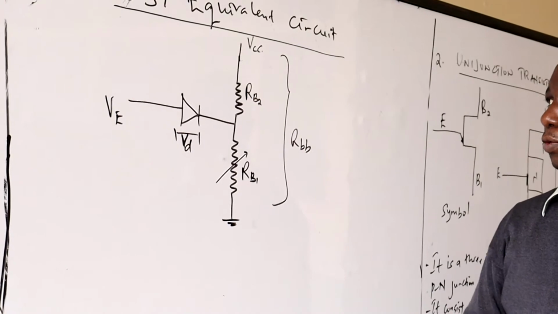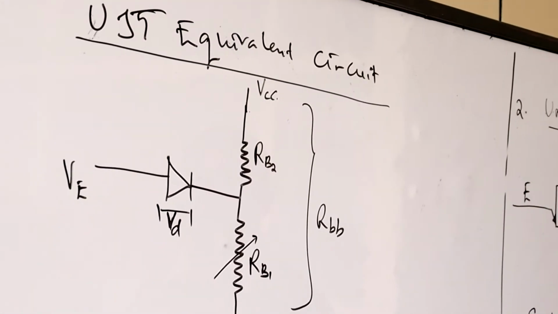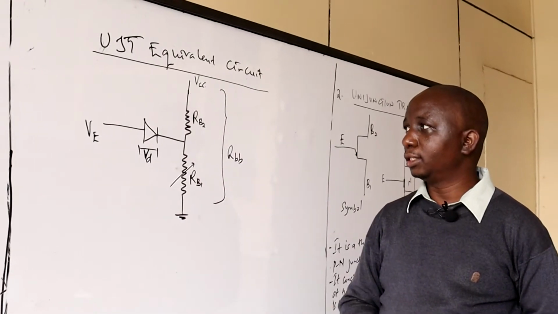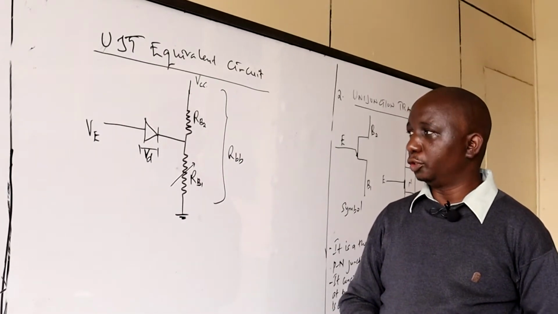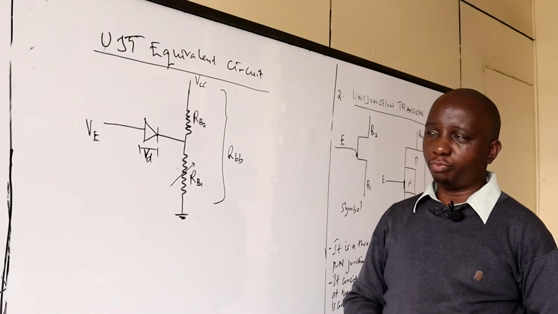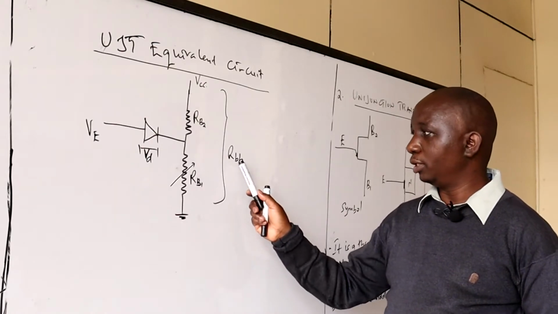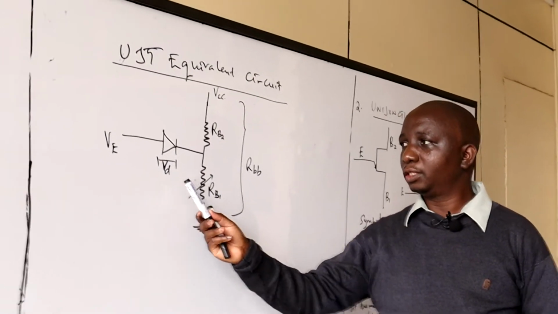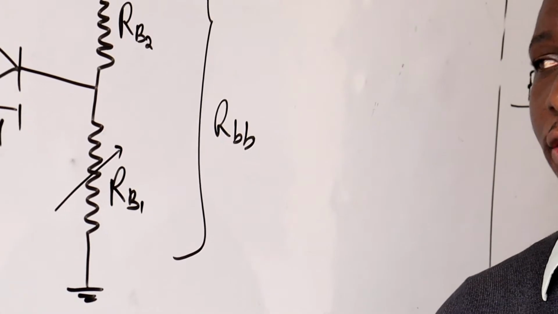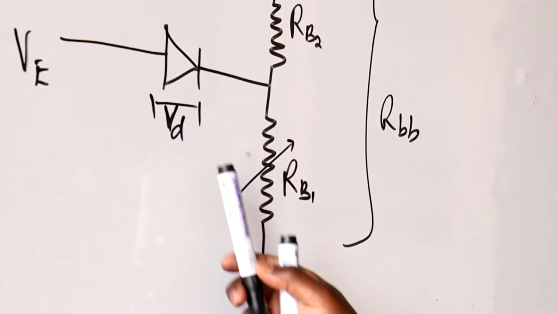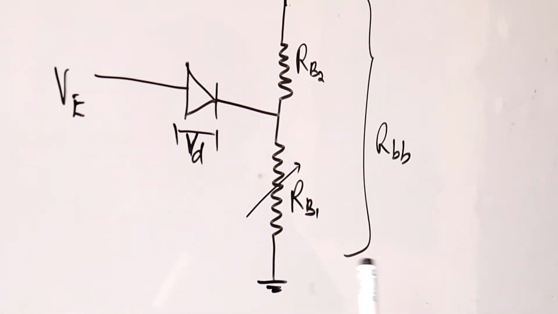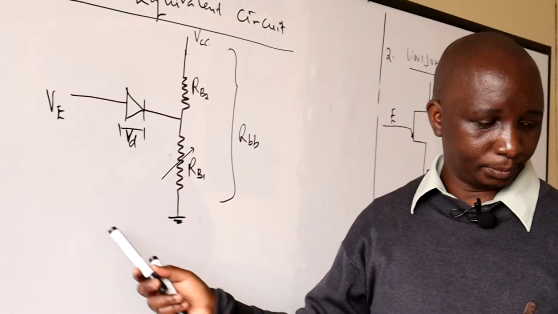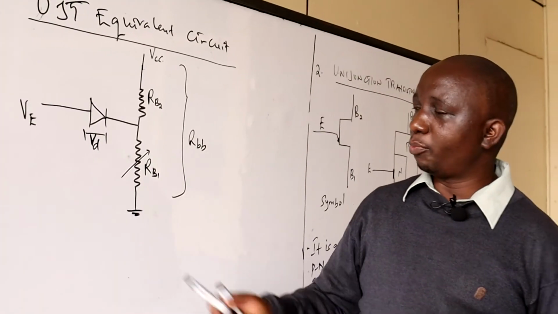RB1 and RB2 are connected across a VCC. Because the resistances between RB1 and RB2 act as a potentiometer, we talk of the RBB. RBB is the resistance between base terminal 1 and base terminal 2. On the other end, there's sometimes written VD. VD is the voltage drop across the diode, which forms the PN junction. VE is the voltage applied on this. The diode represents the PN junction.